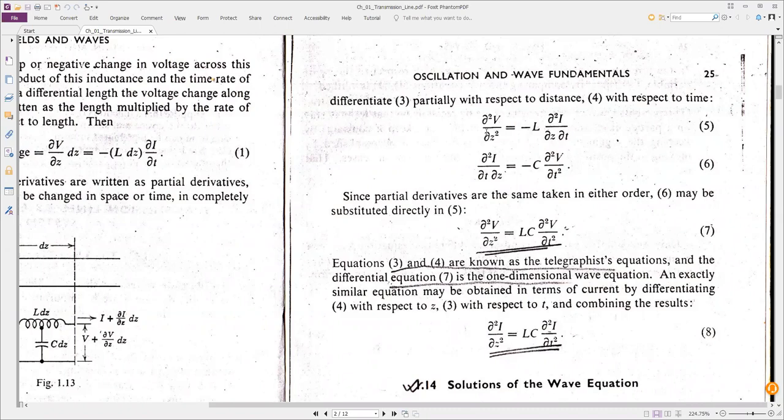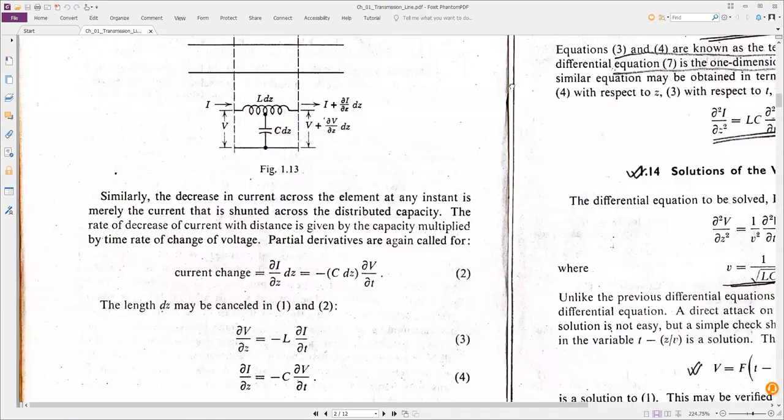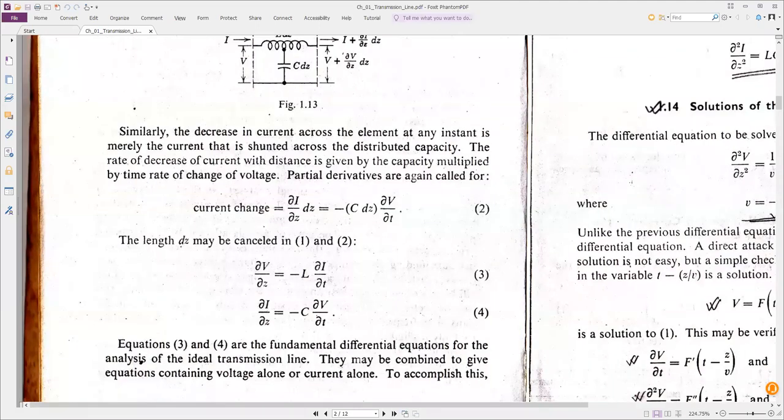If we differentiate the first one with respect to time, then it would be, let me show you what we are doing. We are differentiating with respect to distance, del by del z, and this one with respect to time.